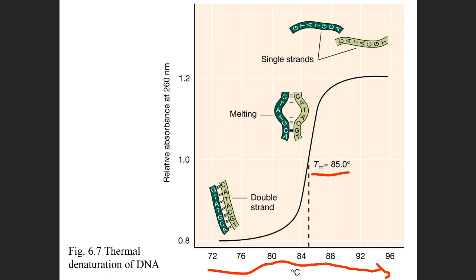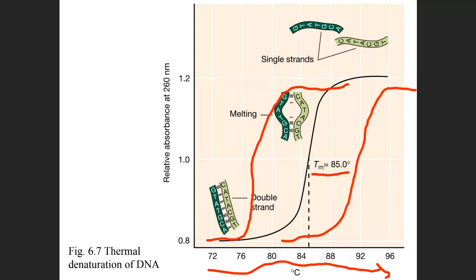So it'll be like this, and the other one will be like this. So this will be high GC, and this will be a DNA with high ATs.